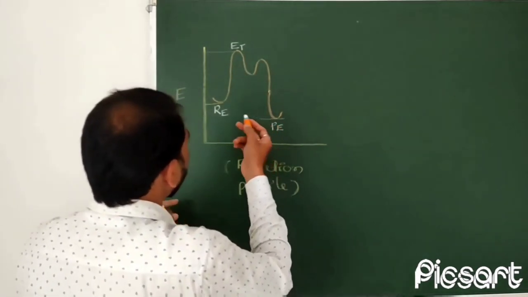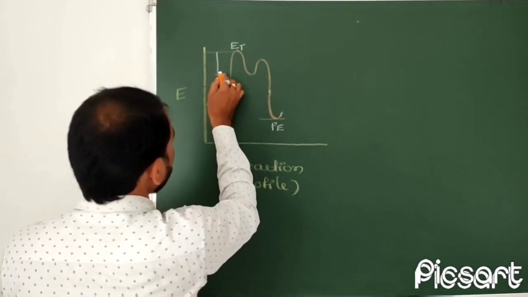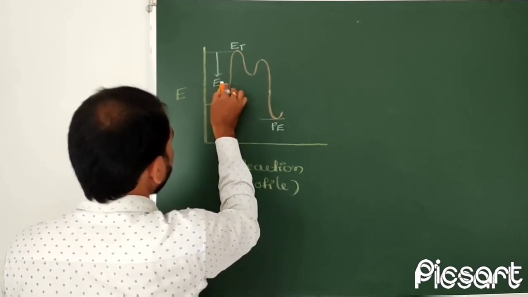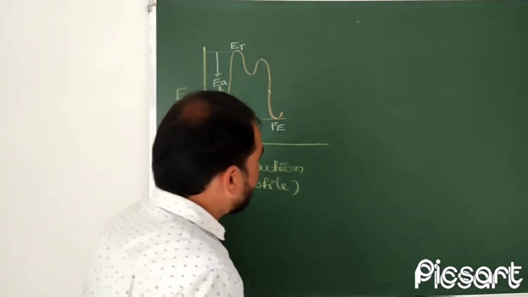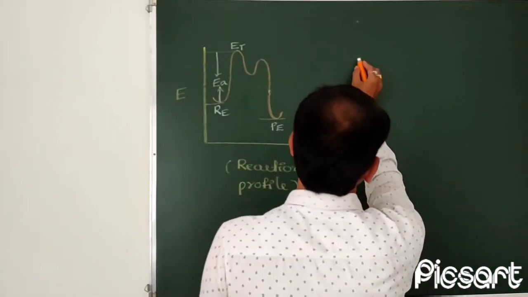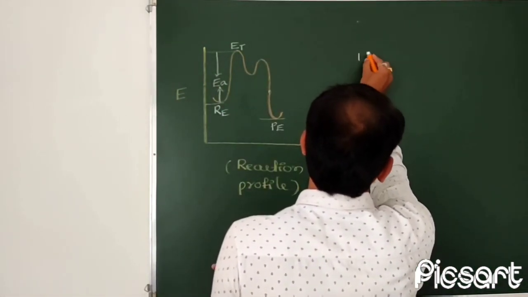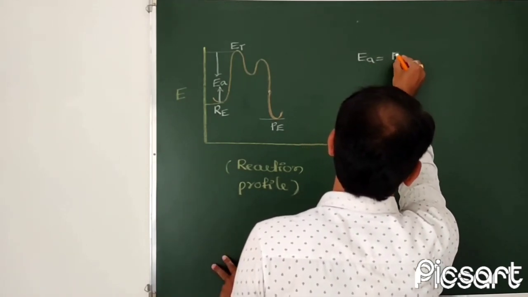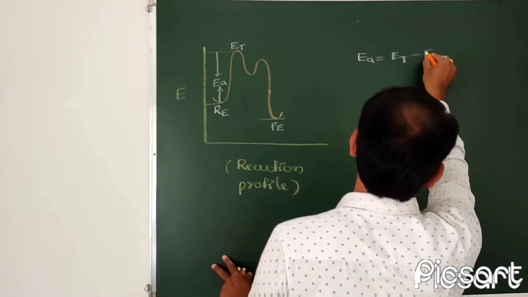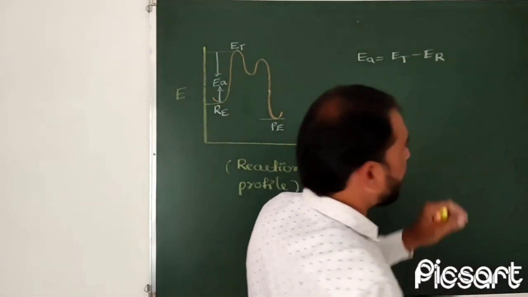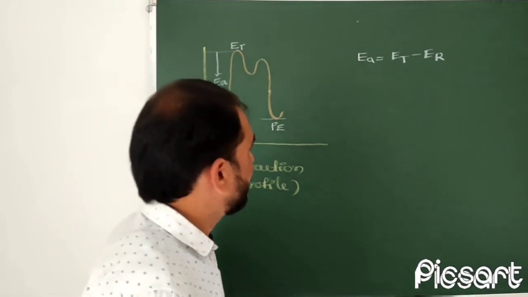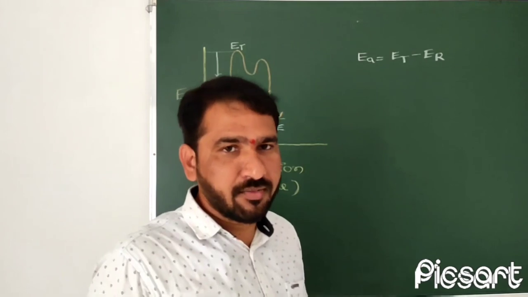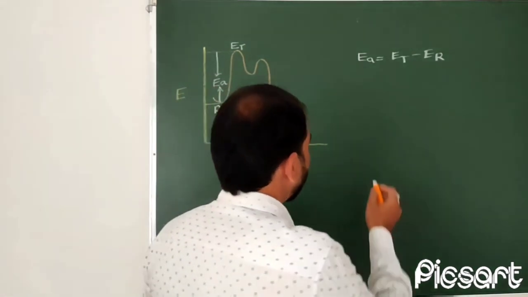So the energy gap between total energy and reactant energy is called the activation energy. Here activation energy is equal to Et minus Er, total energy minus reactant energy. Then the relation between activation energy and rate of the reaction is inversely proportional.